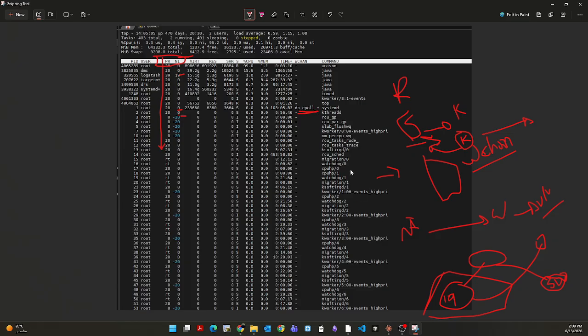As I said, the load average, we talked about it. There is zombie. So basically, these are the most important things that you might take from top. You have to understand the difference between virtual and resident, what is shared memory, and how to interpret the CPU. As you can see here, there is 99.